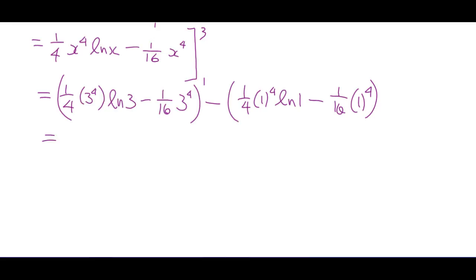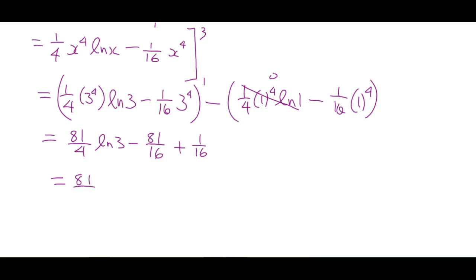Okay, so we simplify that. So we've got 81 over 4 ln 3 minus 81 over 16, minus, okay, what's ln 1? 0, right? So 0. So this will then be plus 1/16.